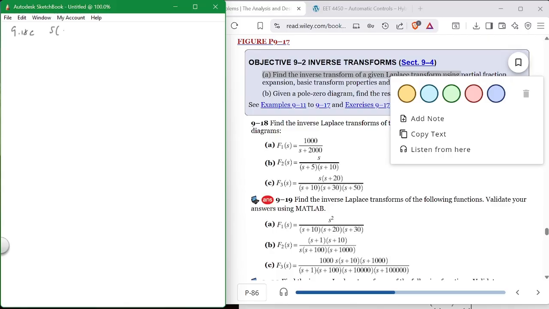I'm going to say S times S plus 20, and I'll put the denominator down because it's important. S plus 10 times S plus 30 times S plus 50, is equal to what?